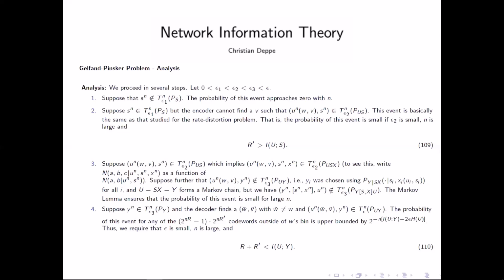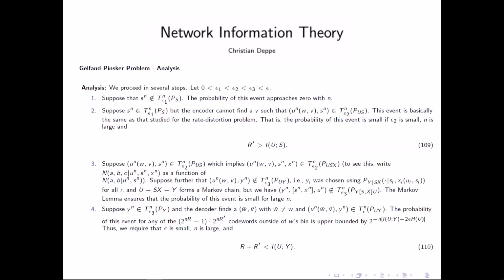So the last case is that Y^n is typical with respect to Y, and the decoder finds a W tilde and a V tilde, but W tilde is not equal to W, and U^n(W tilde, V tilde) and Y^n is jointly typical with respect to U and Y. If you look at the probability of this event, then we know we have to look at all codewords outside the bin. So in one bin there are 2 to the nR prime codewords.